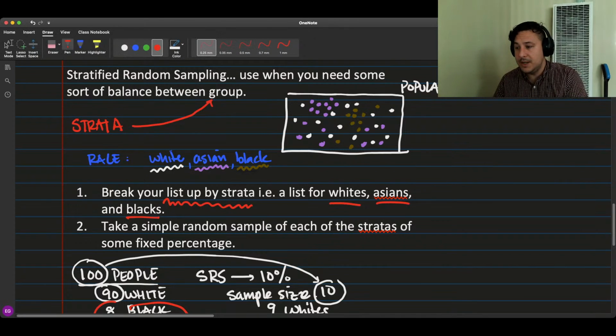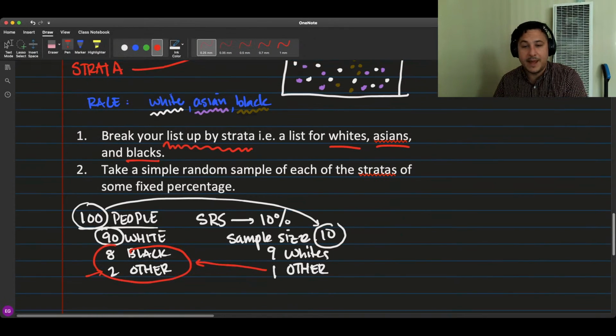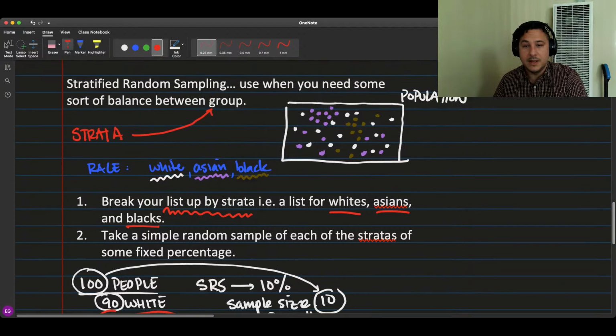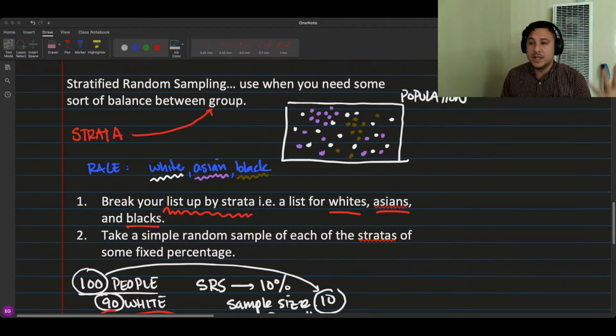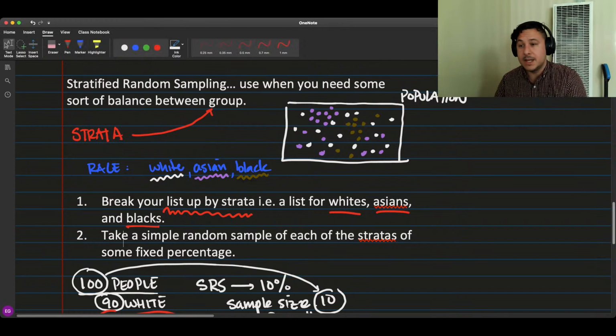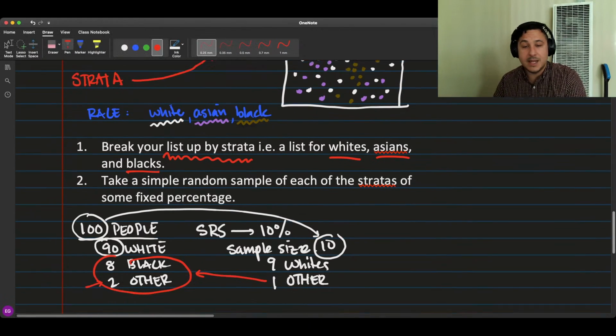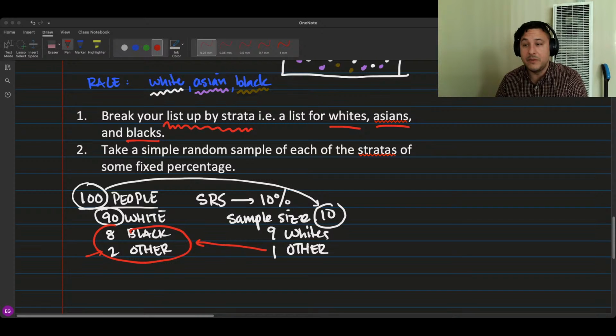And then you take a random sample from each. So you'll end up with 10% of all the white people, 10% of all the Asian people, 10% of all the black people. This was important because I gave you an example where you had a town of 100 people and there were very few people who were neither white nor black.